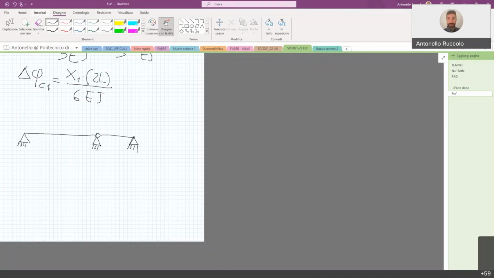Please notice that this restraint is qualitatively equal to this. I am drawing the circle on top just to remember that it is an internal hinge that allows the possibility to rotate of beam AC with respect to beam CD. They are both hinges. In this case, we had x2.